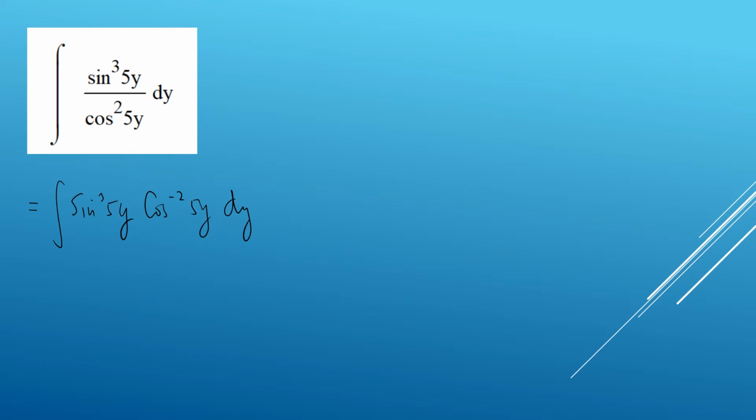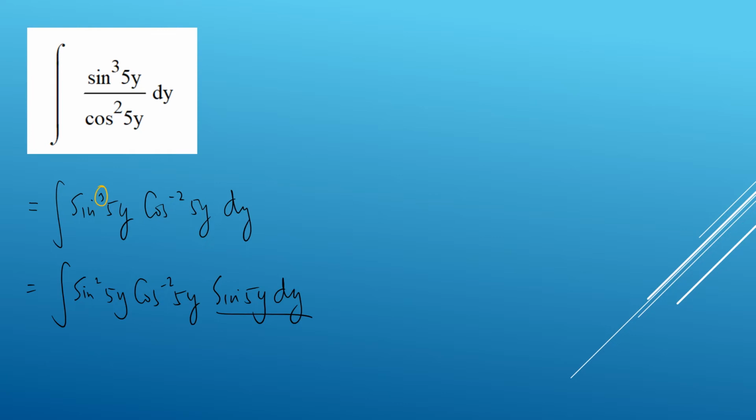See that the exponent of sine is a positive odd integer, so we will apply the rule to sine cubed 5y, and we shall factor out sine 5y. Thus, we have sine squared 5y, cosine to the negative 2 5y, sine of 5y dy. All the rest must be in terms of the complementary function of sine, and the complement of sine is cosine.